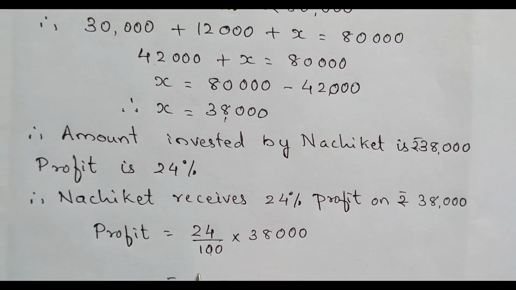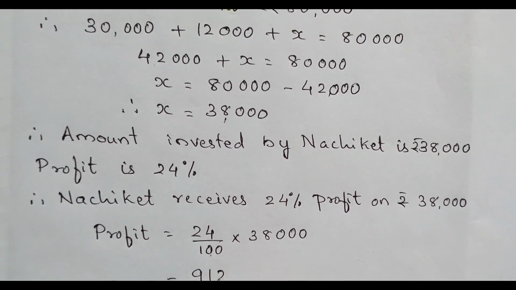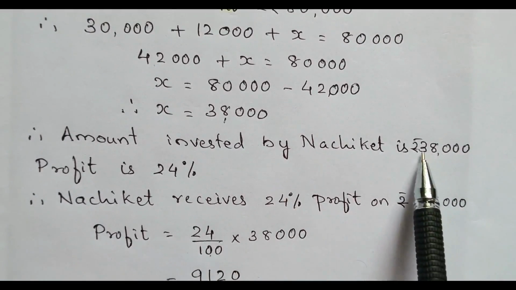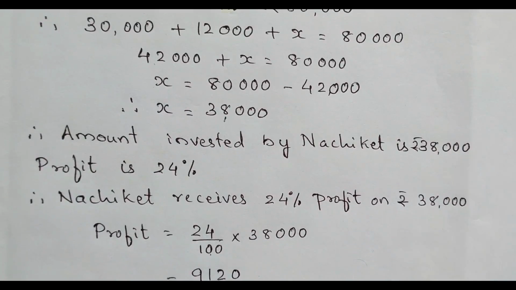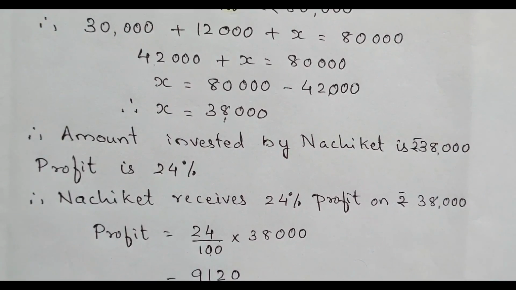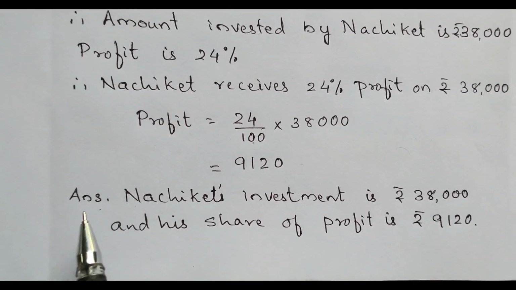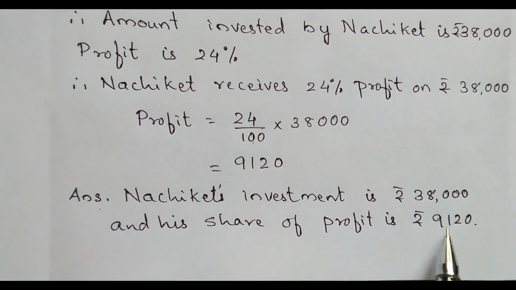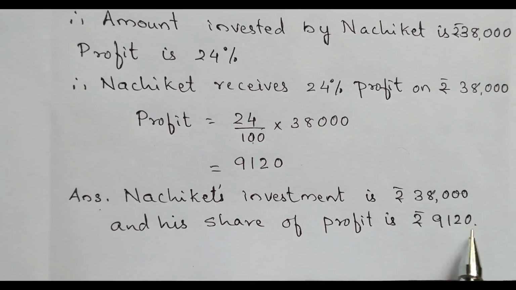So we get profit is equal to 9,120. So the amount invested by Nachiket is rupees 38,000 and his share of profit is 9,120 rupees. So your final answer will be Nachiket's investment is rupees 38,000 and his share of profit is rupees 9,120.